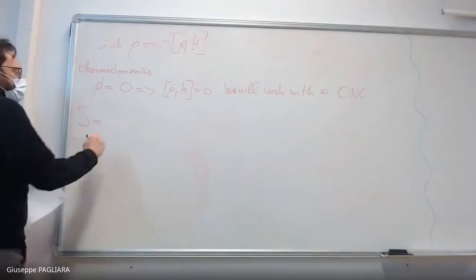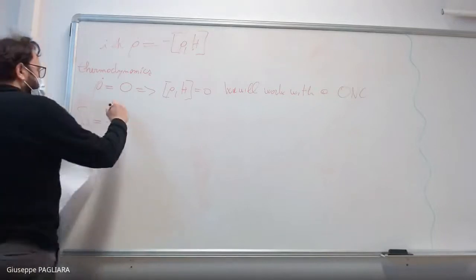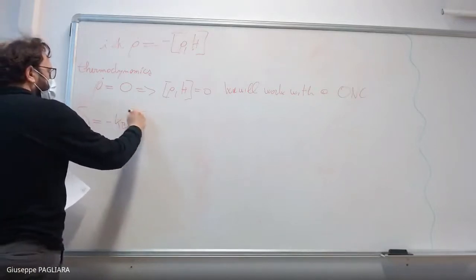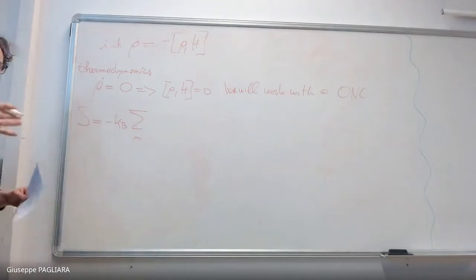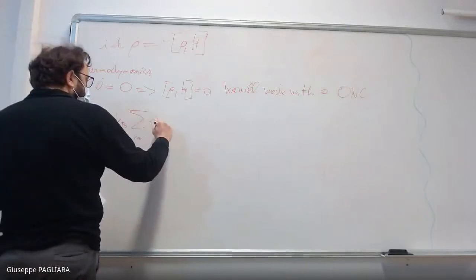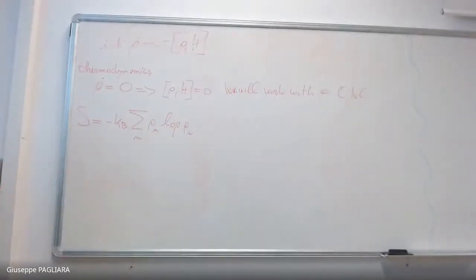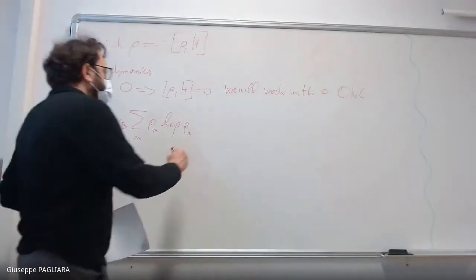We said last time that the entropy is associated with the density matrix by this equation, minus k_B sum over n, where now n runs over the complete set of states of the Hilbert space, of rho_n log of rho_n, where those rho_n are the diagonal terms of the density matrix in these states. Okay, so this is the entropy.